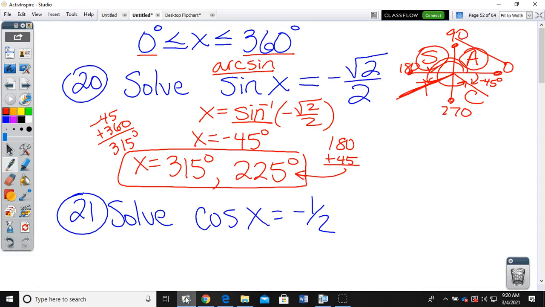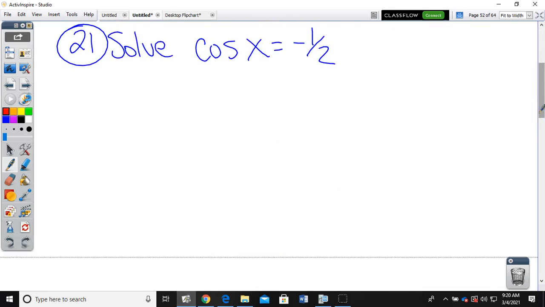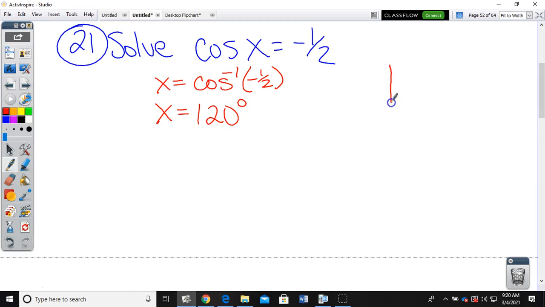All right. Number 21, same problem. Our first answer is just going to be the inverse cosine of negative 1/2. What is that? That is 120. That is between 0 and 360, so that's one of my answers. I'm going to draw this over here. What quadrant would 120 be in?